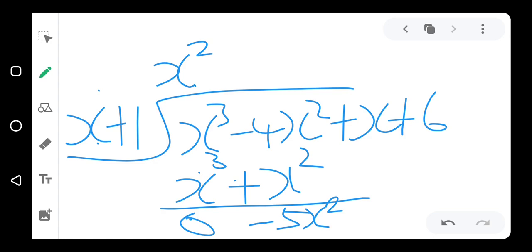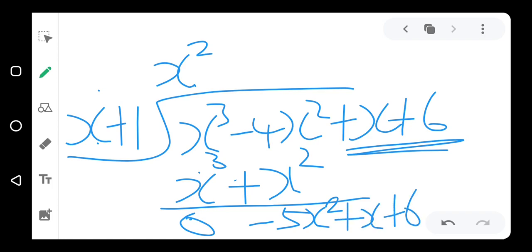Now, the other terms that we did not work on, we did not do anything with these two, so we bring them down, plus x plus 6.